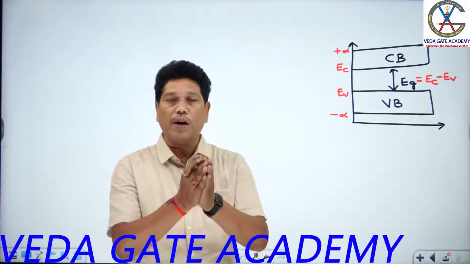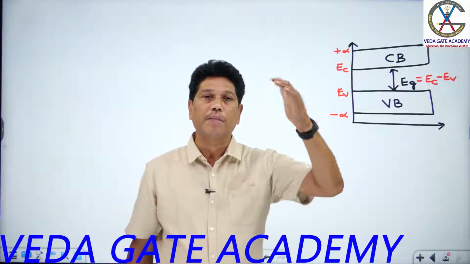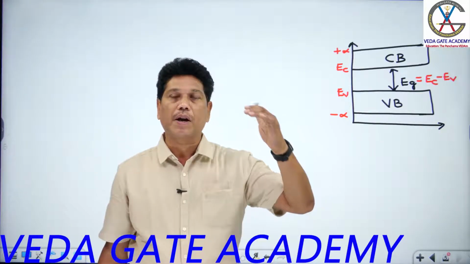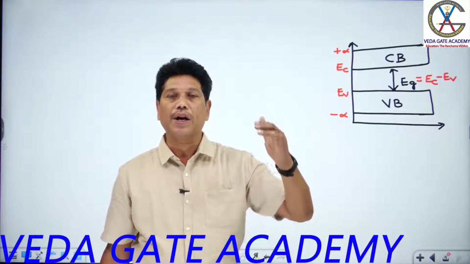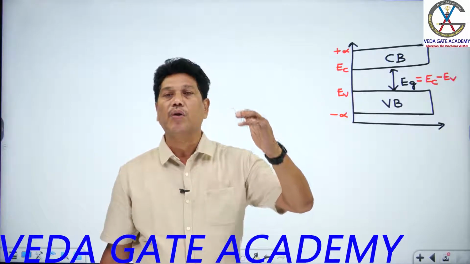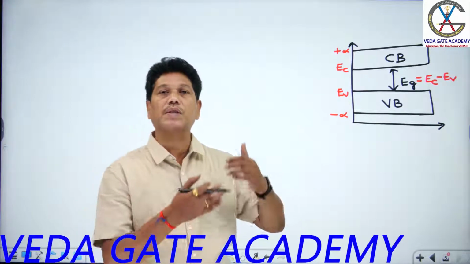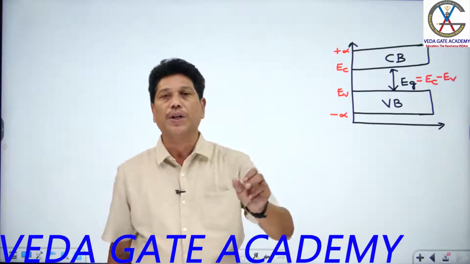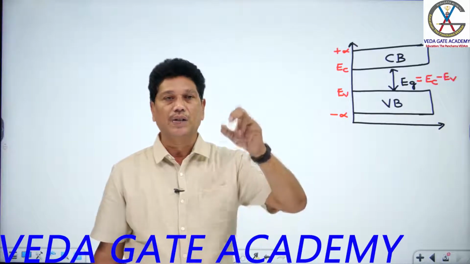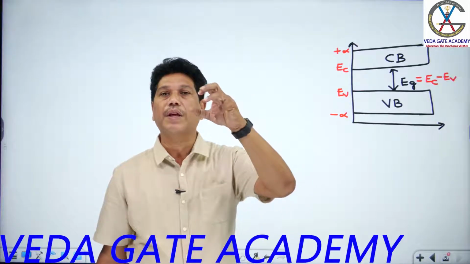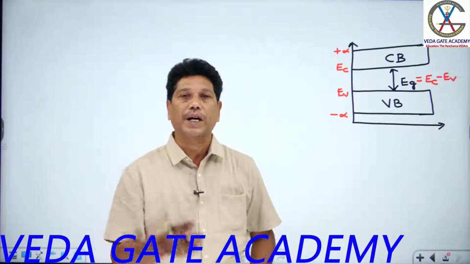According to the Bohr atomic model, an electron becomes free whenever it is completely out of the nucleus effect, out of the binding restrictions of the nucleus. Under such a condition, the electron becomes free, and such an electron can travel anywhere in the given crystal to give conductivity.